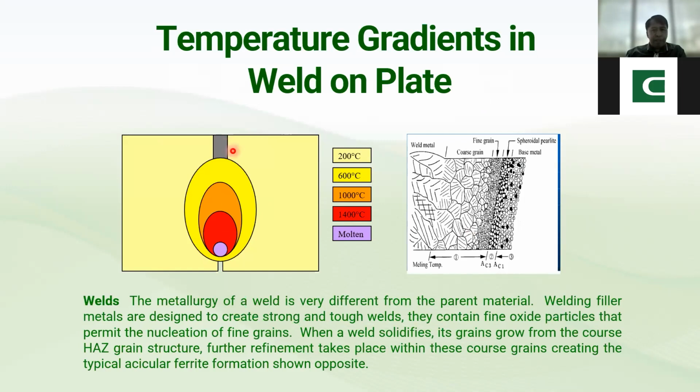If you will take a look on the right portion of your screen, this is your weldment. Ito yung weld center line. This is the highest temperature molten metal. While this boundary up to this portion, coarse grain and fine grain, umabot siya sa A3 stage.